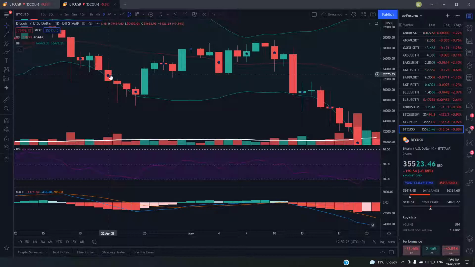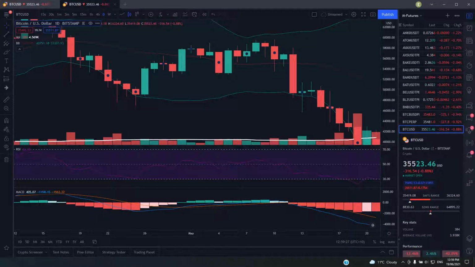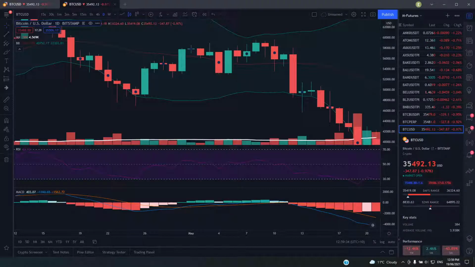Okay, and on the lower band of the Bollinger indicator.